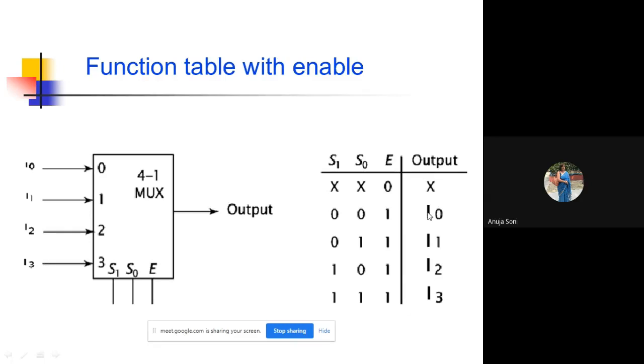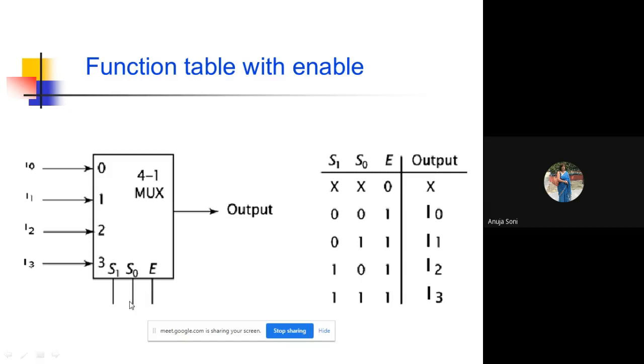The selection depends on the combination of the select input lines. If the value of S0, S1 is 0, 0, then I0 will be selected and redirected as the final output. Similarly, if S0, S1 is 0, 1, I1 will be selected. If it is 1, 0, I2 will be selected. If it is 1, 1, I3 will be selected and redirected as your final output value.